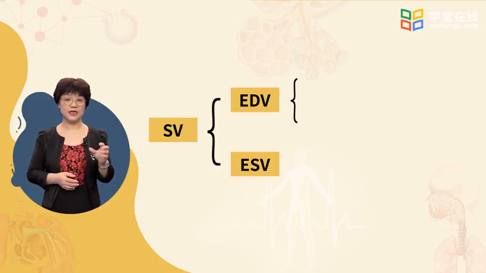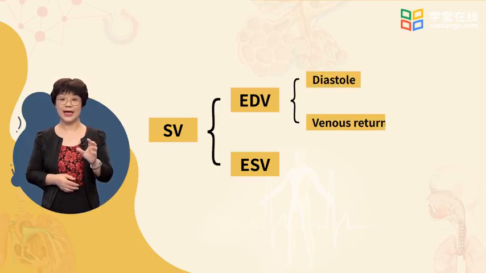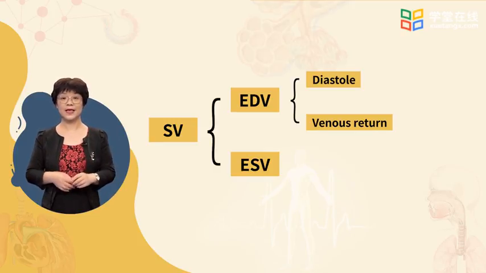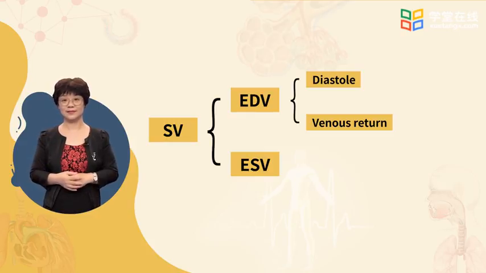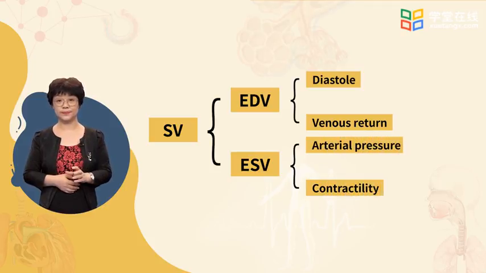The EDV is determined by the duration of ventricular diastole and by venous pressure, and is normally about 120 milliliters. The ESV is determined by arterial blood pressure and the force of ventricular contraction.